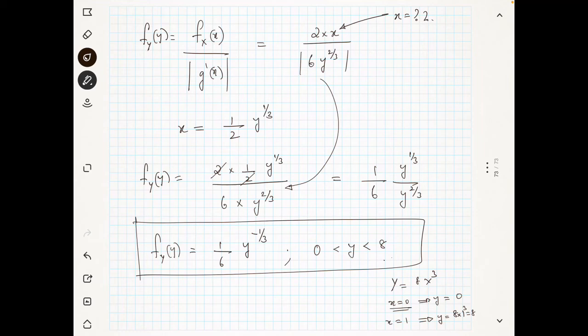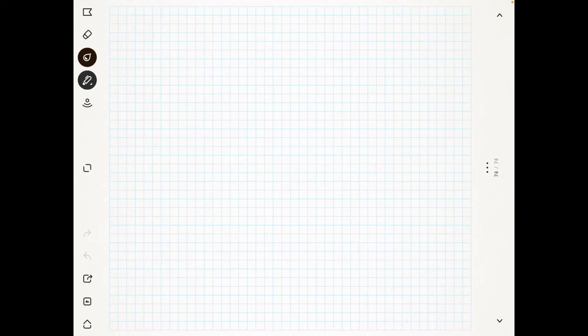Next, we have another problem. If you have a random variable X with mean mu x and sigma square as the variance, and X is given as a normal distribution, then these are all given.